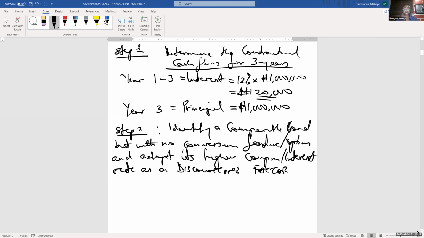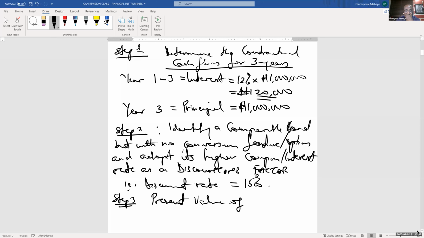Now, what's our discounting factor? That is, our discounting rate is 15%. Now, step 3 is obtain the present value of the cash flows.